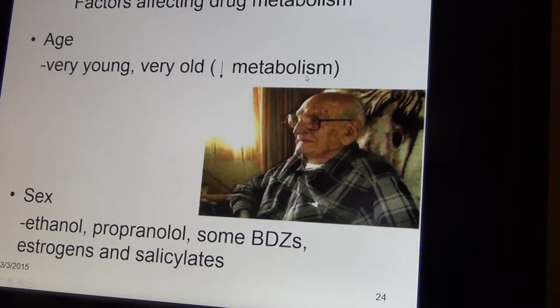So you would like to reduce the dose given in the very young and very old because of their lower rates of metabolism of drugs. And then the sex of a person, whether someone is male or female, will also affect the rate of metabolism of drugs such as ethanol, propranolol, some benzodiazepines, estrogens, and also salicylates.